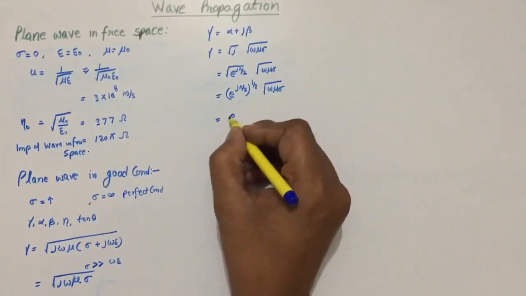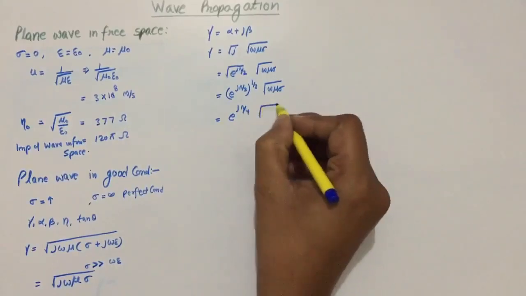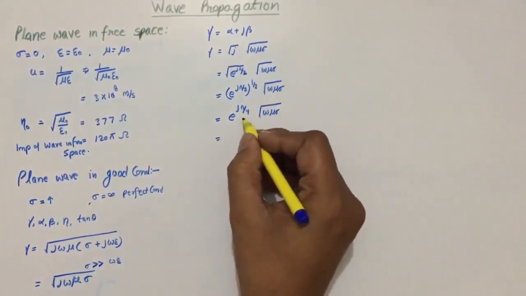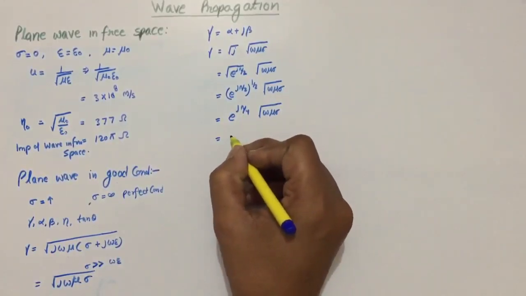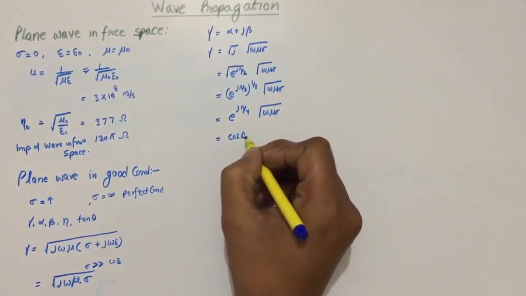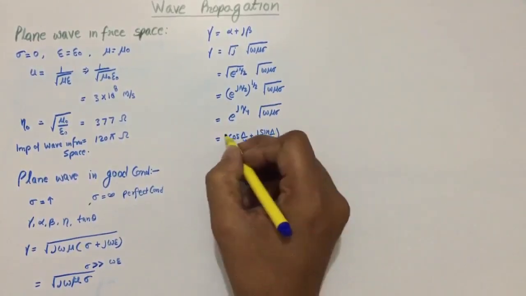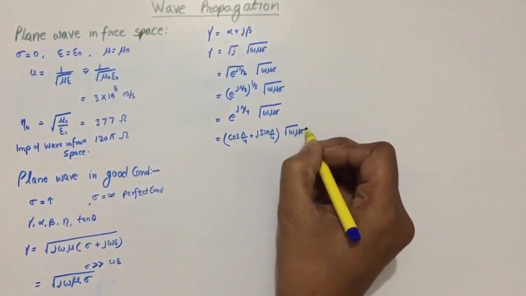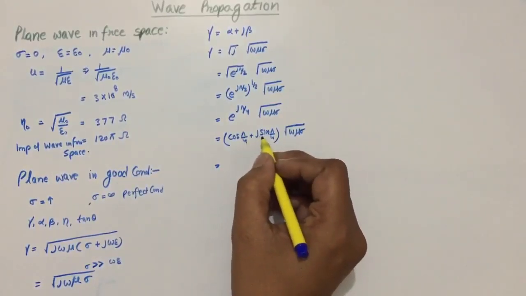So it is e to the power j pi by 4 times root of omega mu sigma. It will be cos pi by 4 plus j sin pi by 4, times root of omega mu sigma, and this can be written as 1 by root 2 plus j times 1 by root 2.